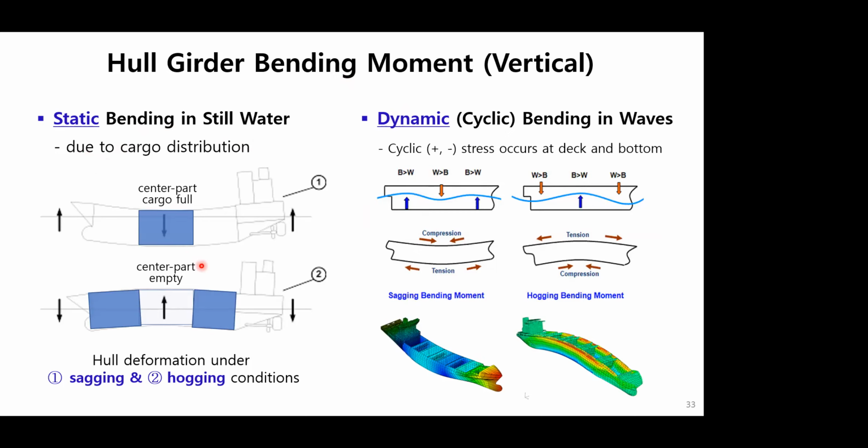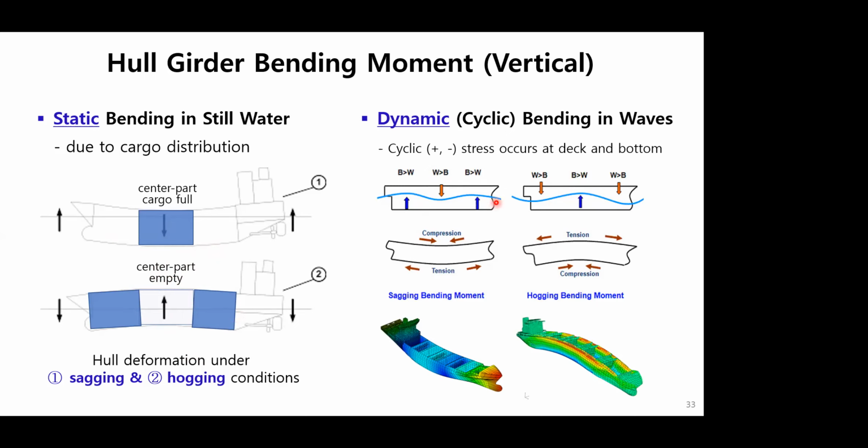For example, when the center part is fully loaded and the other cargo holds are empty, then so-called sagging is induced, or deformation with both ends up and the center bottom down. In a similar manner, when the center hold is empty and the other holds are full, a so-called hogging moment is applied.